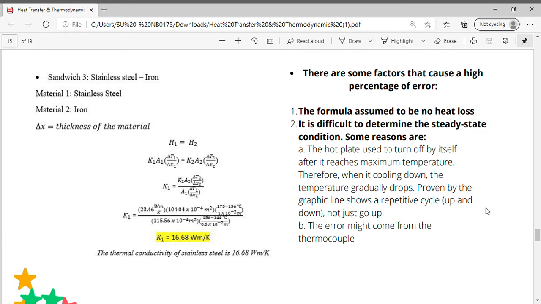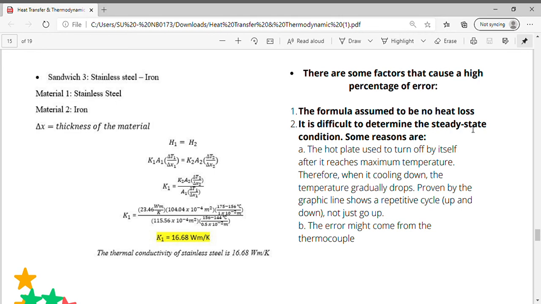Some factors that I mentioned before cause the high percentage of error. First, we assume there's no heat loss, but in the actual experiment, the heat loss due to convection is really high because during 50 minutes the convection occurs.